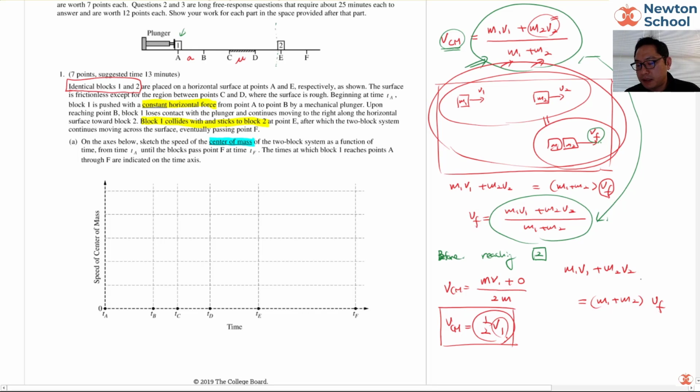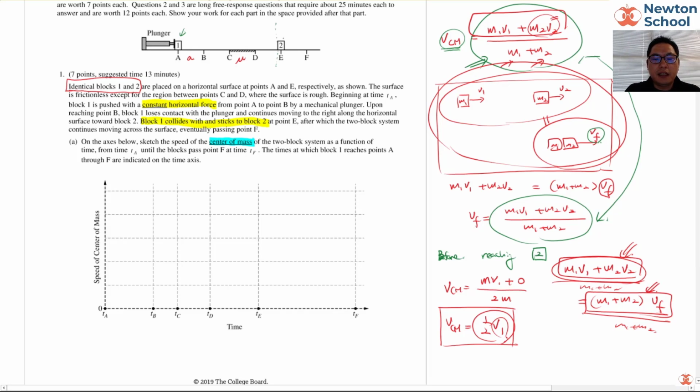VCM was basically this over M1 plus M2, and since the numerator is the same before and after, because momentum before collision equals momentum after collision, VCM is not going to change. So even when the blocks collide between E and F, VCM is not going to change.